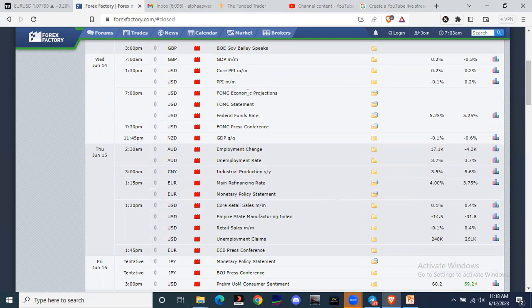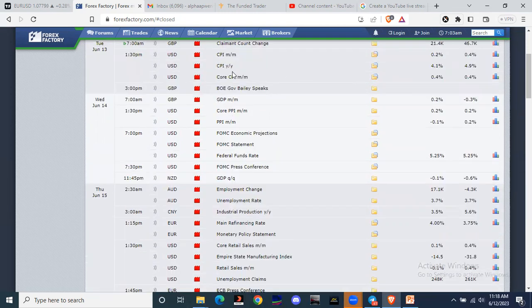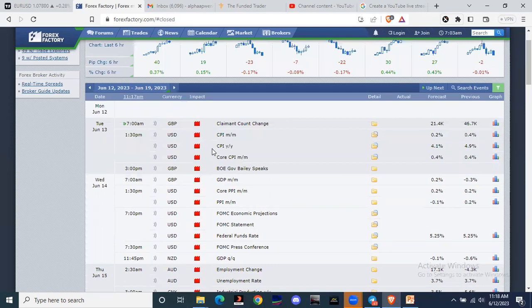First of all, CPI is the index that shows what inflation is, the most important metric that determines the rate of inflation in America. Once we see a high CPI, that means inflation is high.